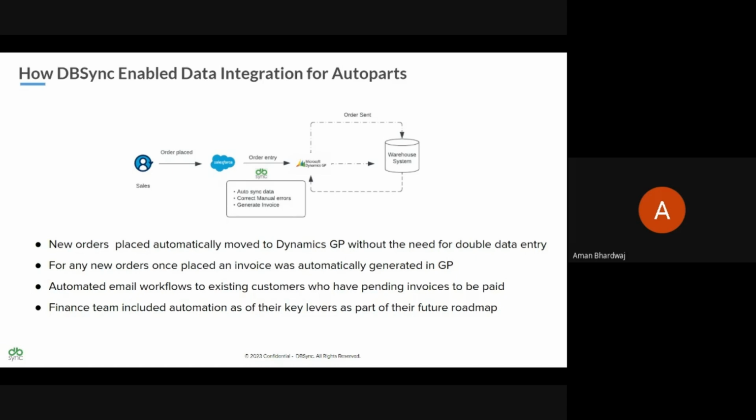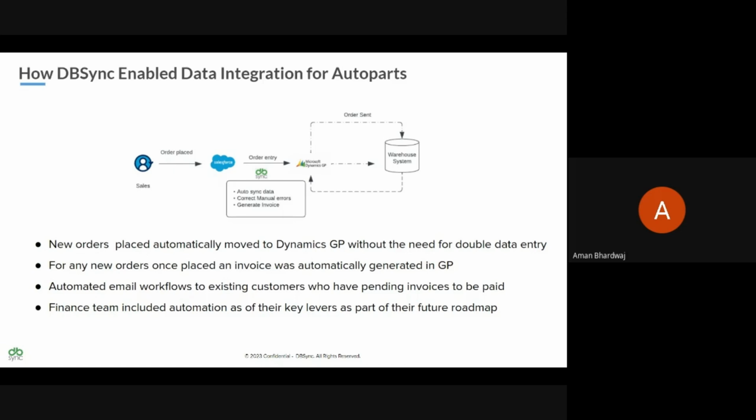You could create those email workflows when a particular order is placed and it gets into the system. It can be constantly scheduled depending on how you want it to be.